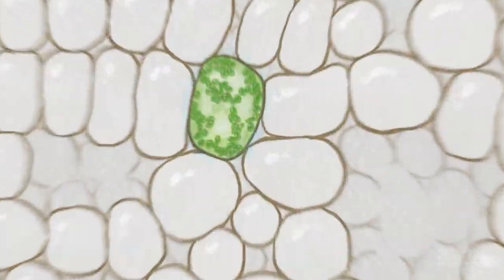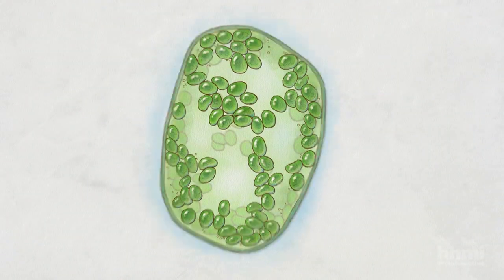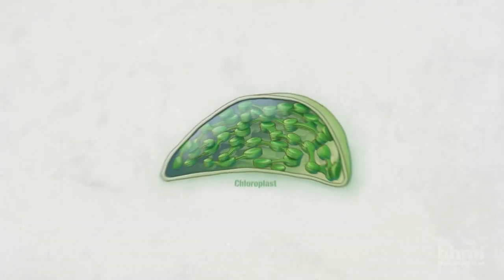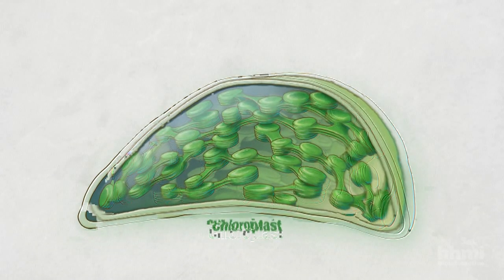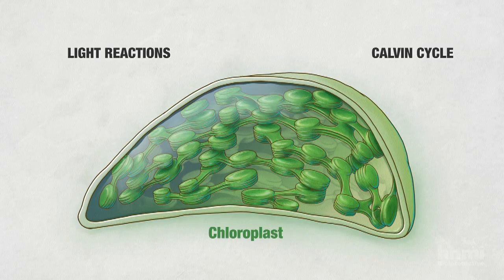Let's take a closer look at a chloroplast, the organelle where photosynthesis takes place. Photosynthesis consists of 2 sets of chemical reactions, the light reactions and the Calvin cycle. They occur in different regions of the chloroplasts.